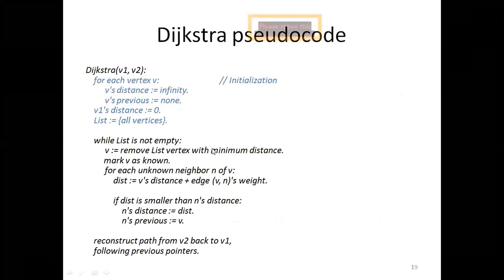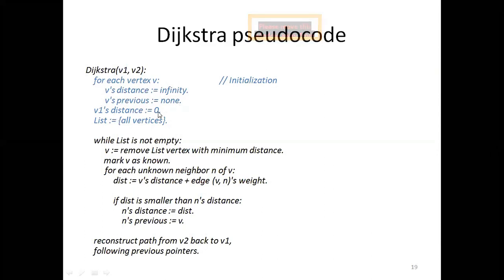This is some pseudocode of the algorithm discussed. V1 is the vertex and V2 is another vertex. For each vertex V, V's distance initially is infinite. Initialization is with infinity, V's previous is none.